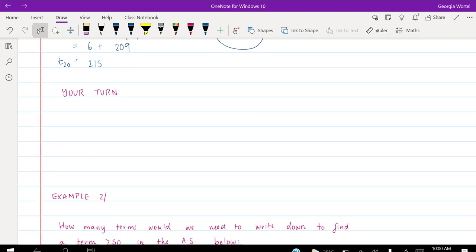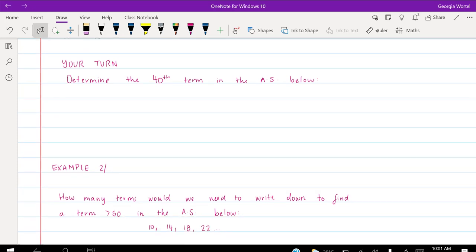So I would like you guys to determine the, let's say, 40th term in the arithmetic sequence. I'm just using this notation for arithmetic sequence below. I can't call upon you guys to give me some ridiculous starting value.